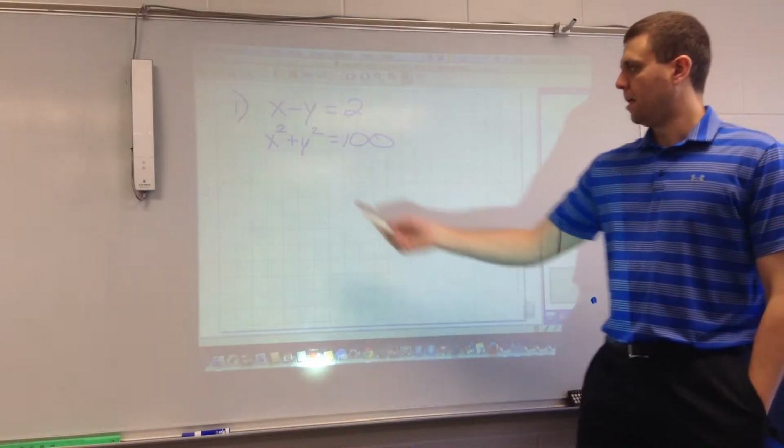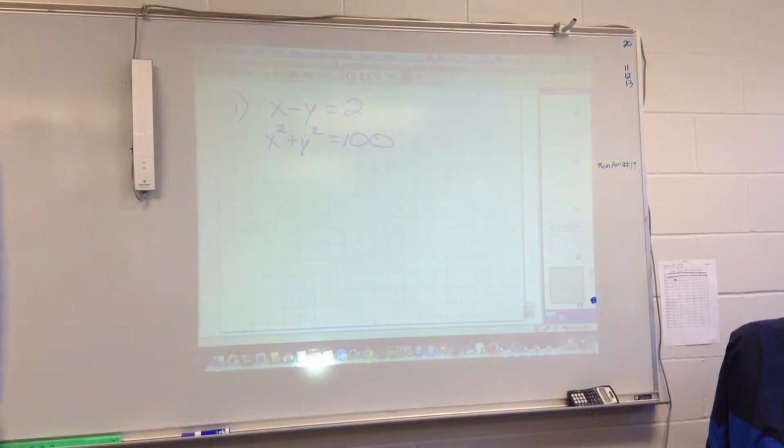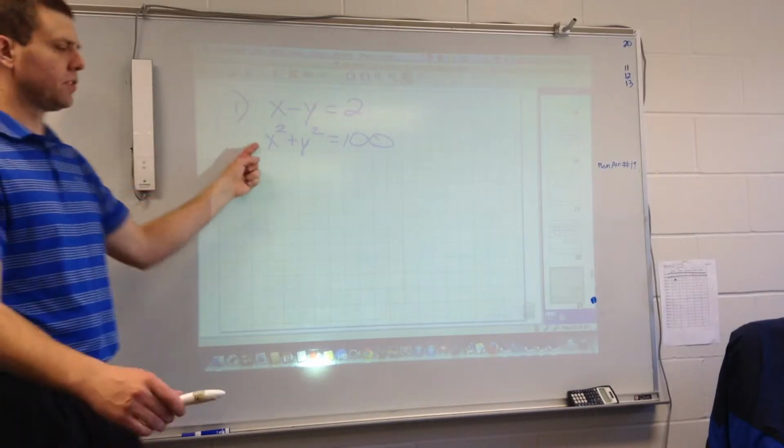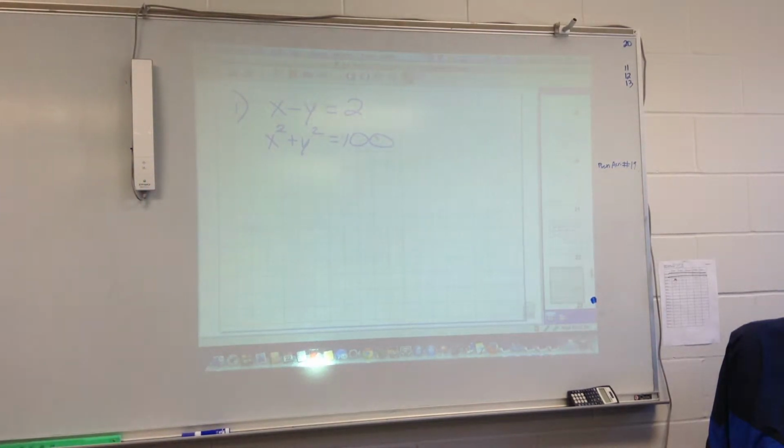The bottom one here is a circle. So the top one's a line. What's this? Circle. Circle with a radius of 10.